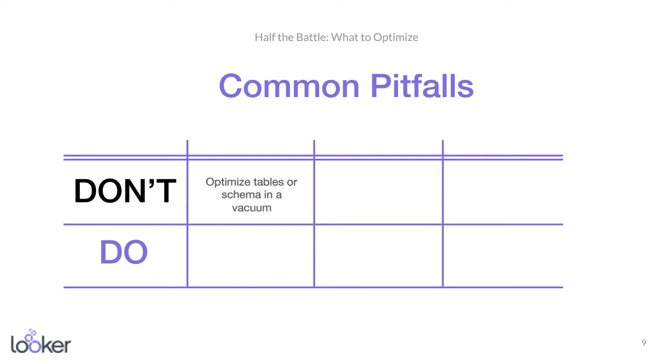So obviously, you don't want to optimize tables or schema in a vacuum. What you do want to do, especially given the nature and the functionality of Amazon Redshift, is optimize these based on actual query patterns. You really want to understand how your users are using your data, and co-locate and optimize your tables based on their usage, rather than trying to understand how they're going to use it beforehand.